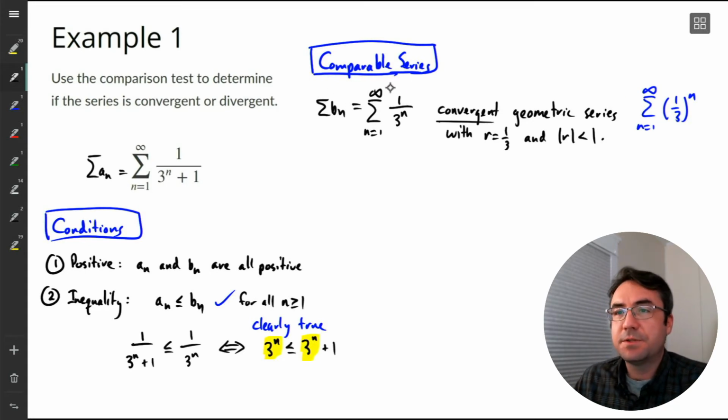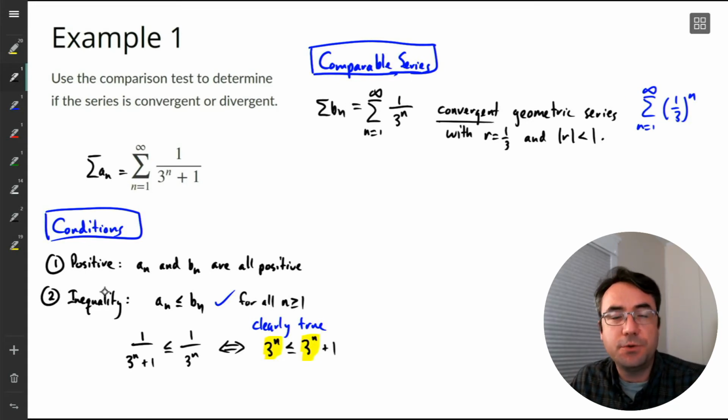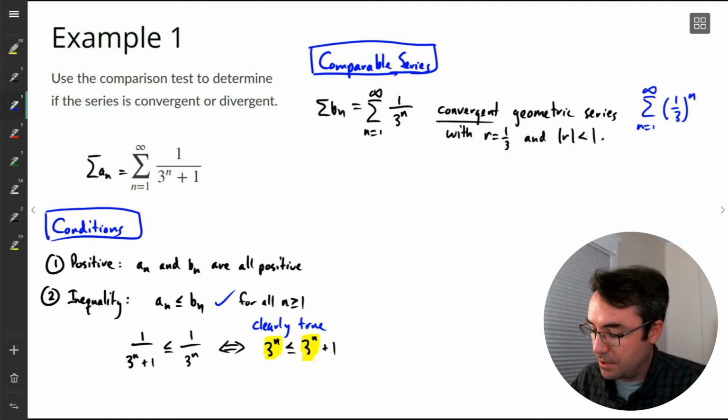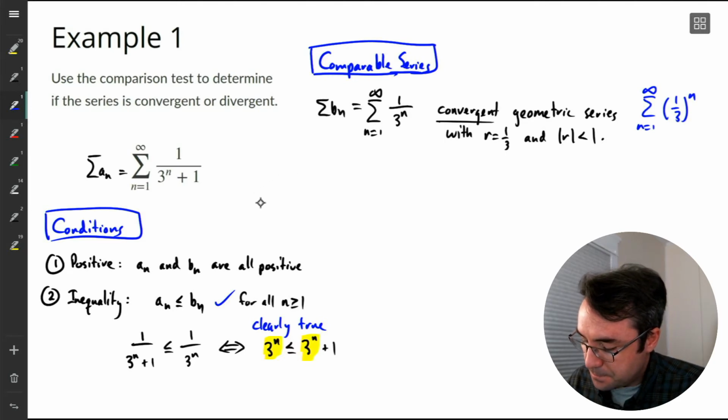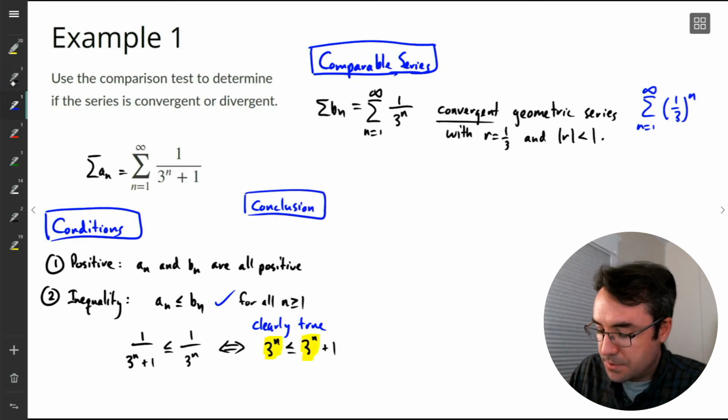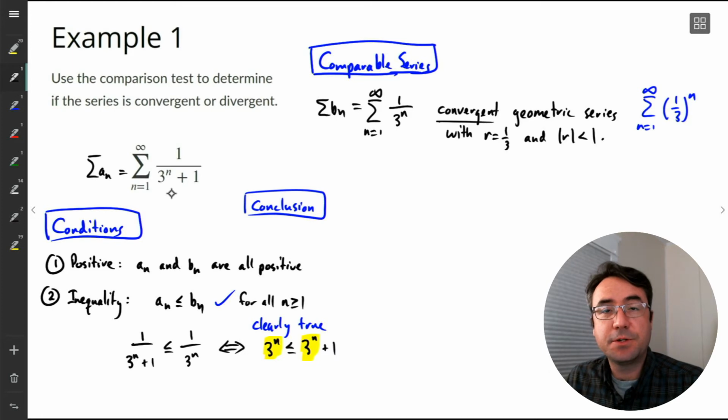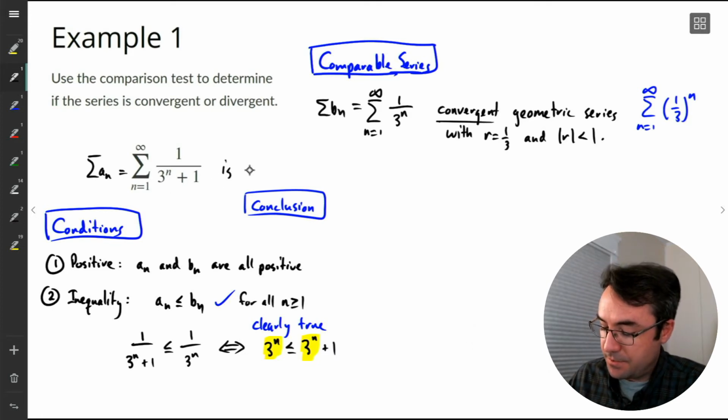We have our comparable series. We've shown the two conditions are met. And then really the last step is just to state our conclusion. So the series that we were interested in is convergent.